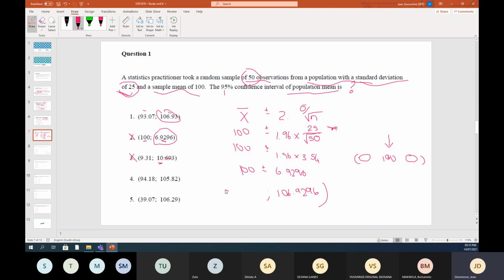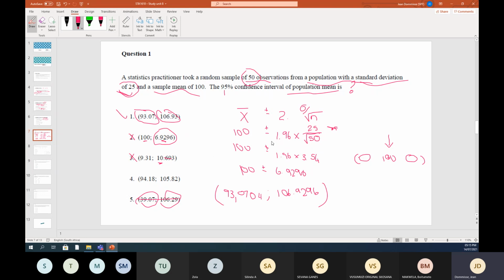The lower end will be 93.0704. So definitely see that is the correct answer.